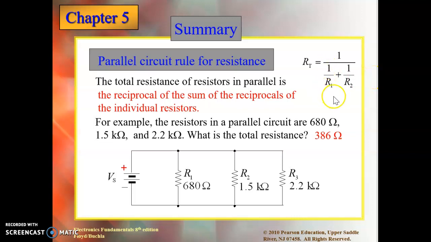Like I said, it's very math involved, so we try to avoid this, but we will do examples where you'll see how it can be done.